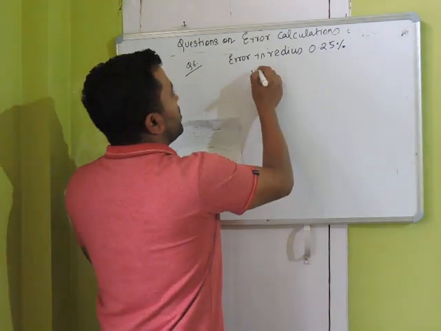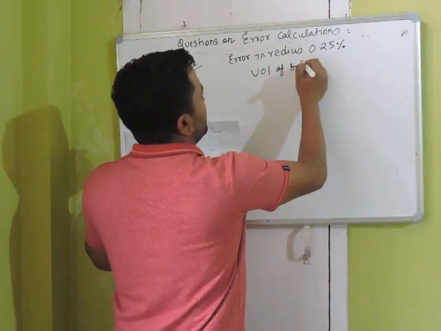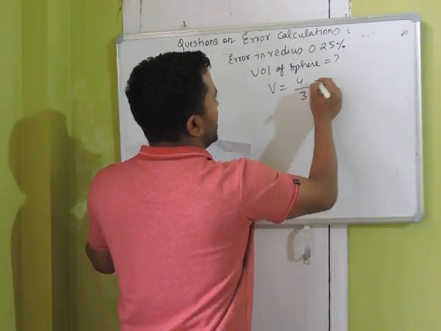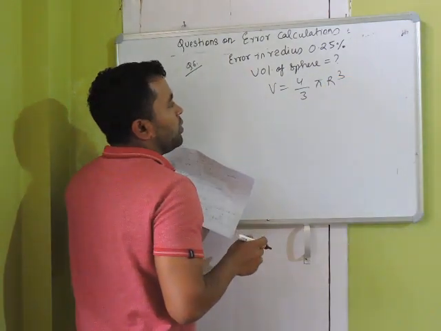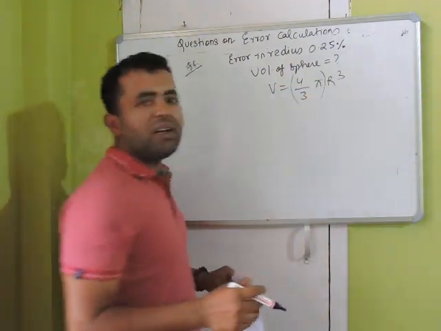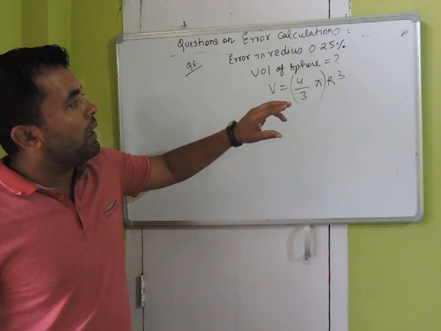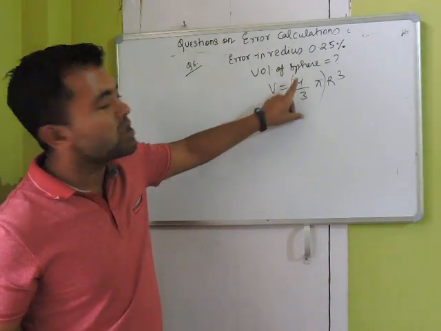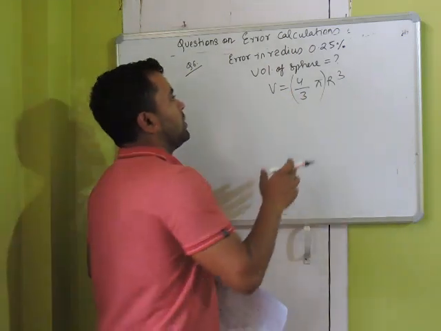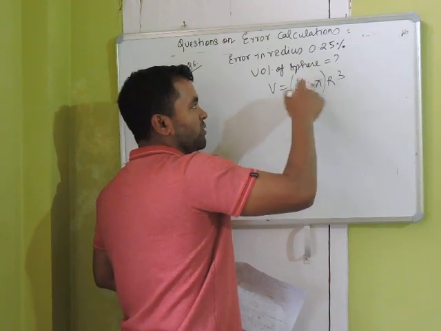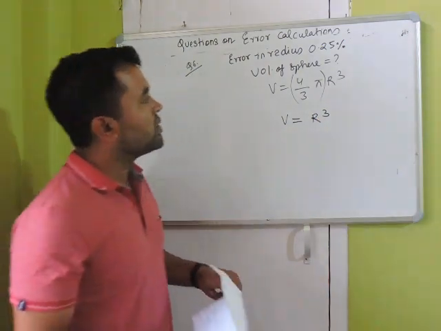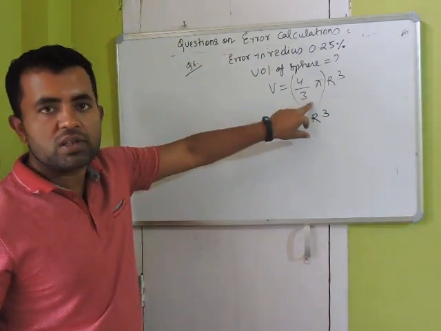You have to calculate the volume of the sphere. Now we all know the volume of a sphere is 4 by 3 pi r cube. As I mentioned in the first case, 4 by 3 pi is a constant, so error will not propagate through this constant, right? So when we calculate any volume or any equation which involves a constant, for error calculation I can just write V equal to r cube. This will not enter because this is a constant.